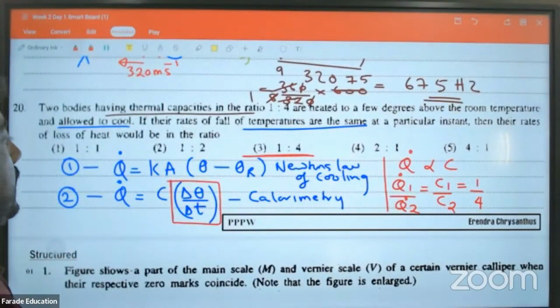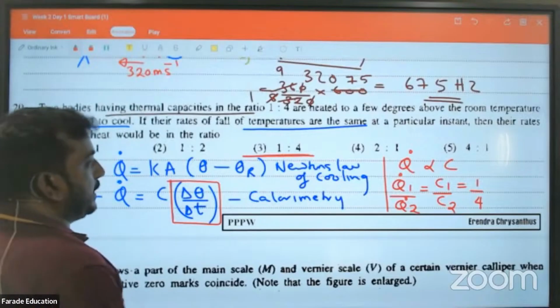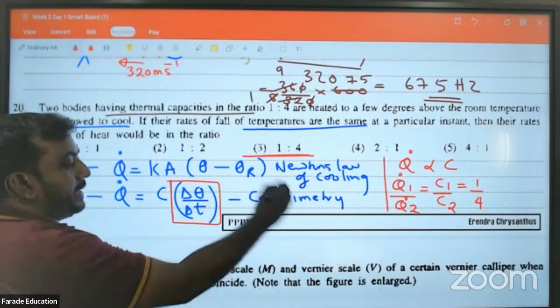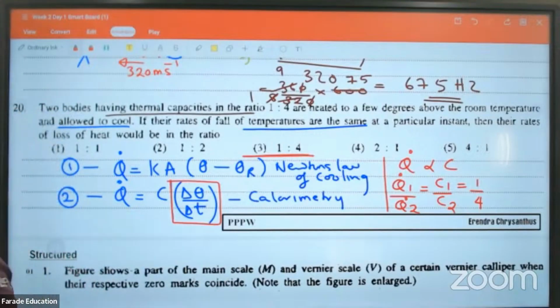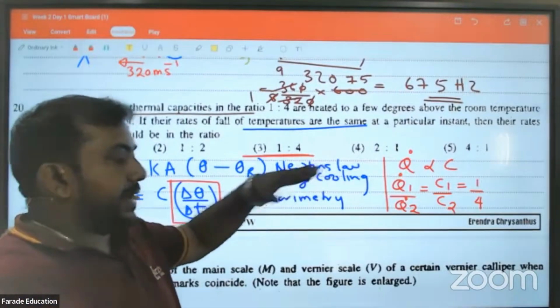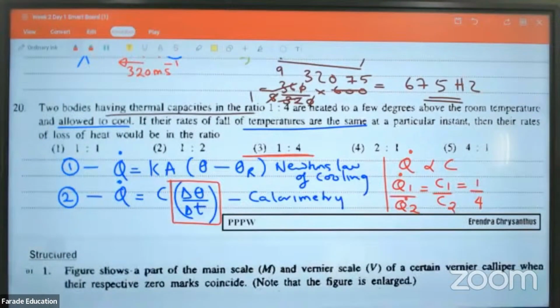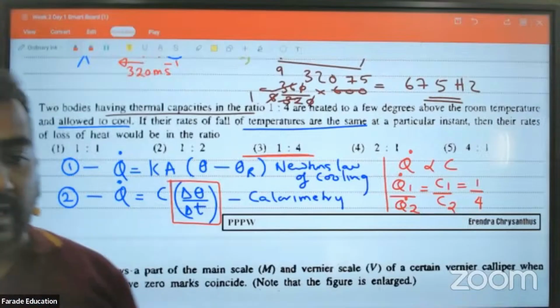Now write the small sentence: we can use the calorimetry relationship to find the ratio of the rate of heat transfer.